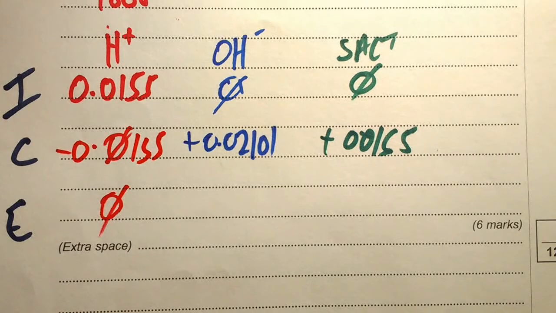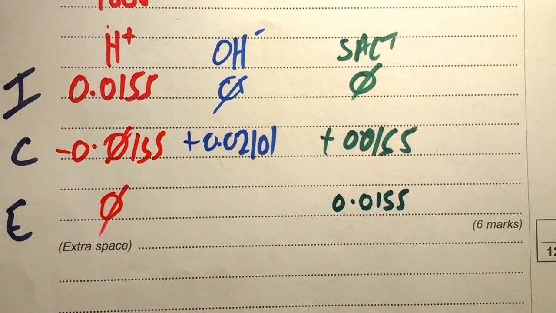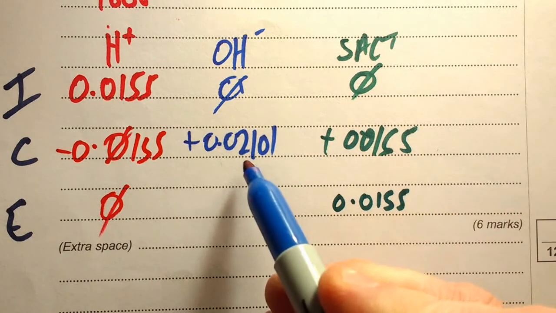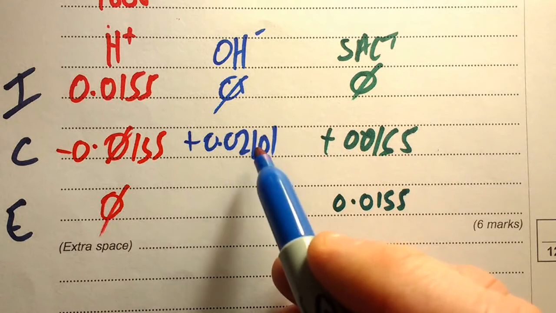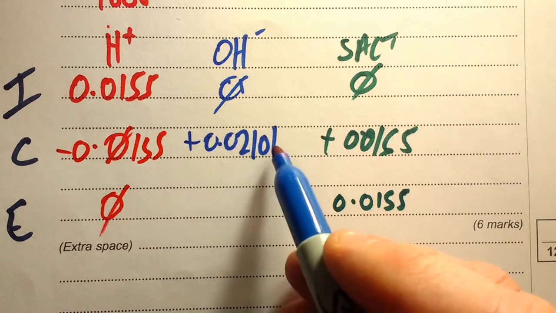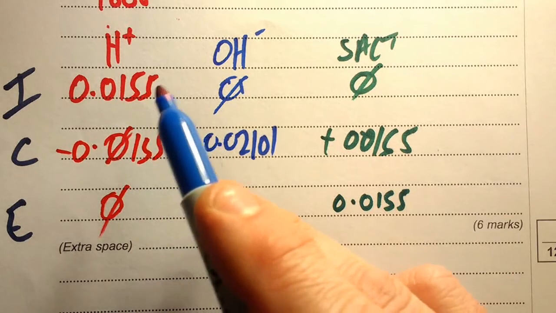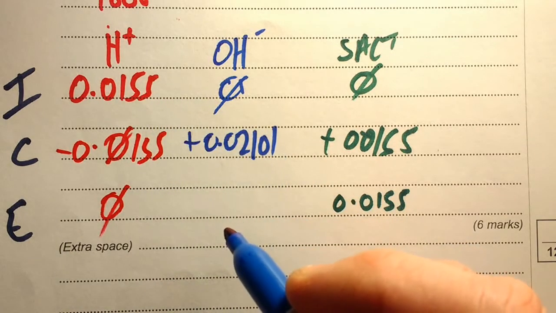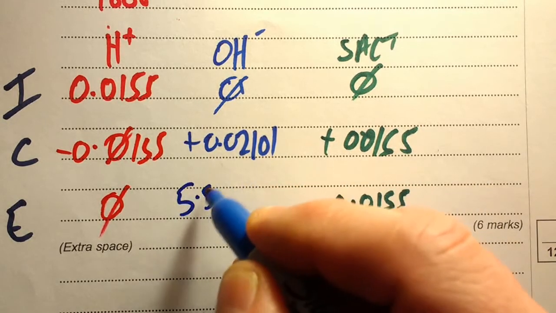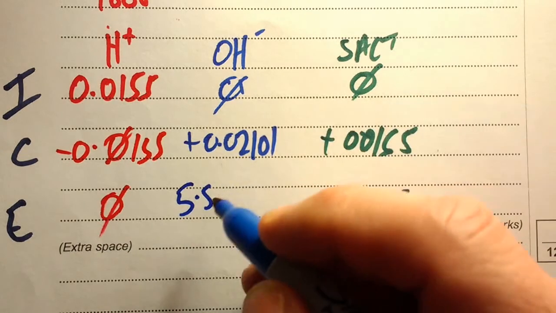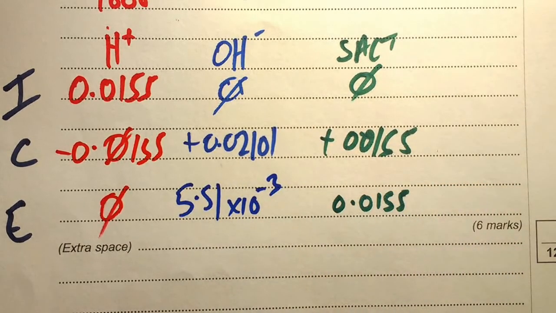We're going to end up with 0.0155 moles of the salt. And the remainder of the alkali, the excess alkali, is simply the 0.02101 minus the 0.0155 that it's reacted with. So you should end up with 5.51 times 10 to the minus 3 moles of the hydroxide.